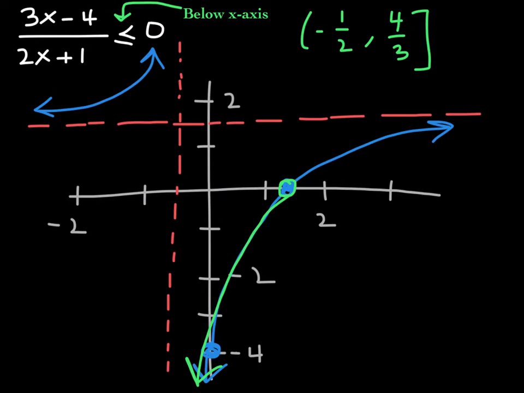I want you to notice again what the key features, the important features of our graph were in order to answer the question. And this was also true in the previous question. The important features of our graph that helped us answer this question and give the answer in interval notation were two things: the vertical asymptote and the x-intercept.